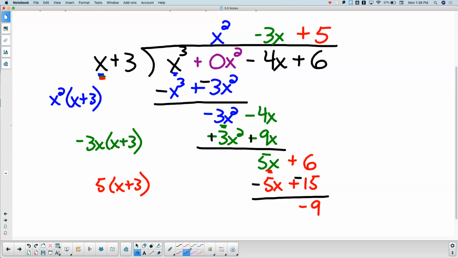So I get x squared minus 3x plus 5 plus negative 9 over x plus 3 as an answer.